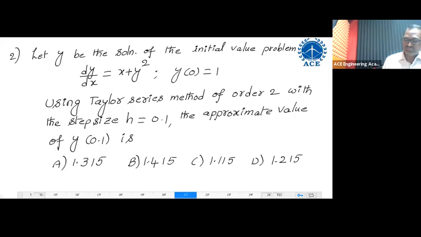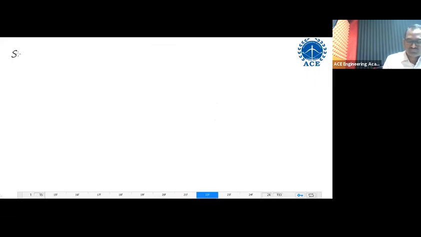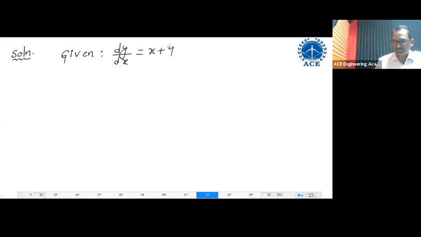Write down dy by dx is equal to x plus y square. Remember, the general form of the initial condition is that y at x naught should be y naught.